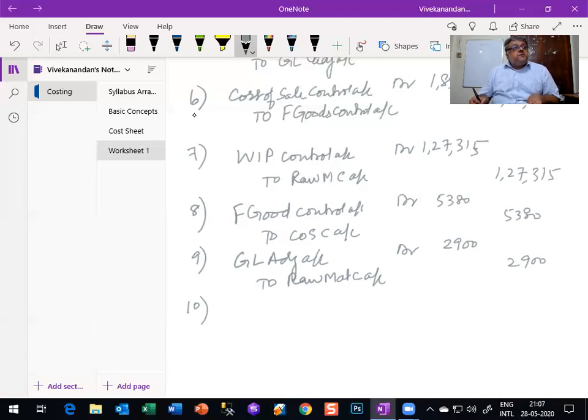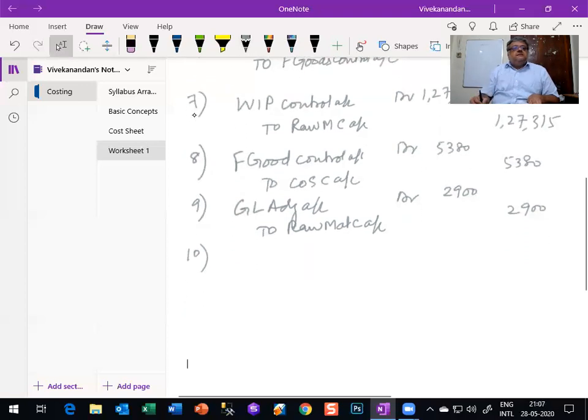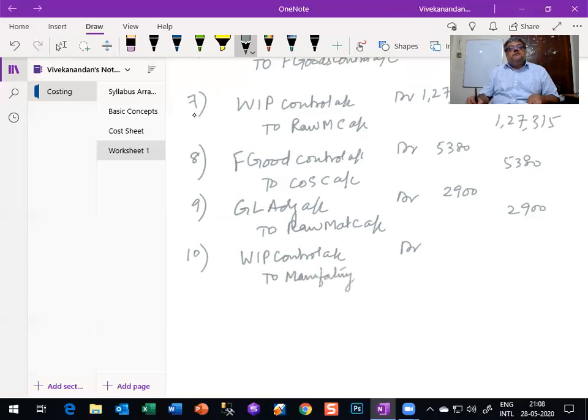Charging to production is nothing but debiting your WIP. So WIP control account debit to manufacturing overhead control account. How much? 77,200.